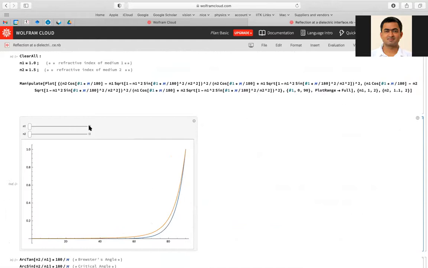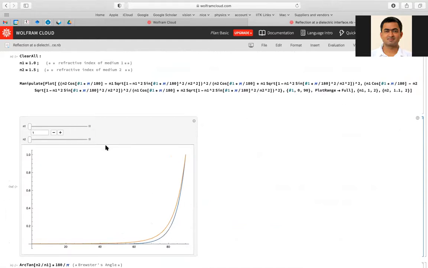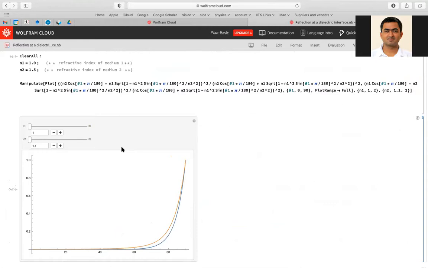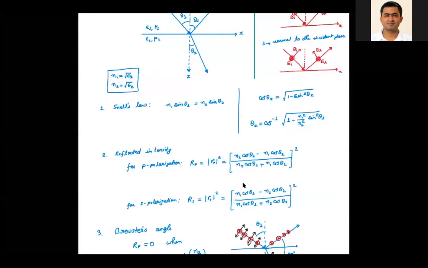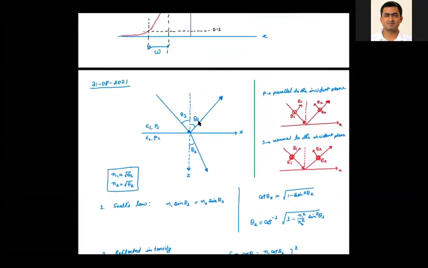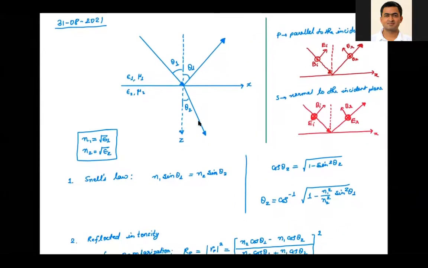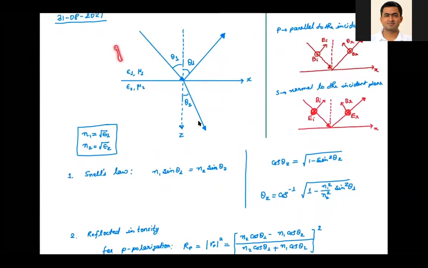This is again the same situation that I was just discussing. The light is coming from medium N1 and going into medium N2, where N1 and N2 are the refractive indices. What I'm plotting are the intensities of the P polarized and S polarized light. Let me quickly share back. Here we have the light coming from medium N1 and going into medium N2.